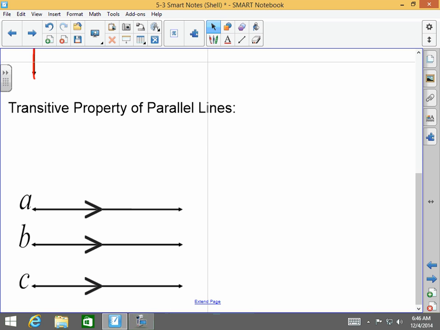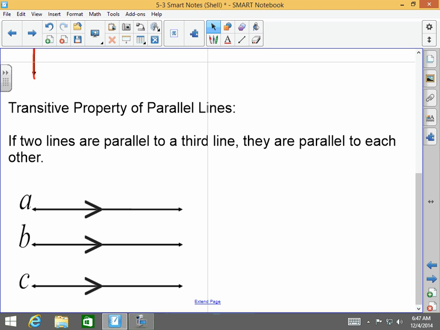Transitive property of parallel lines. The transitive property of parallel lines states the following. If two lines are parallel to a third line, they are parallel to each other. So if I tell you that A is parallel to B, and B is parallel to C, then that means A is parallel to C, and therefore A, B, and C are all parallel to each other.